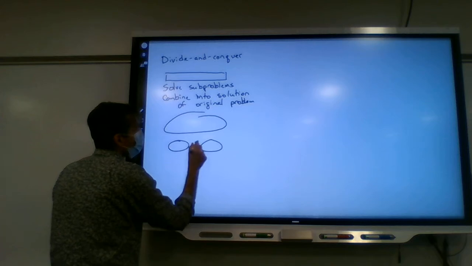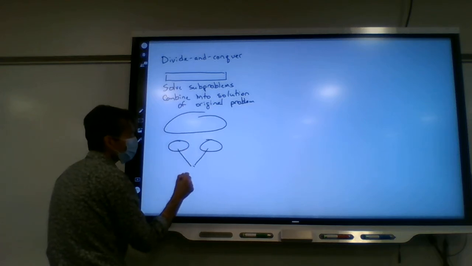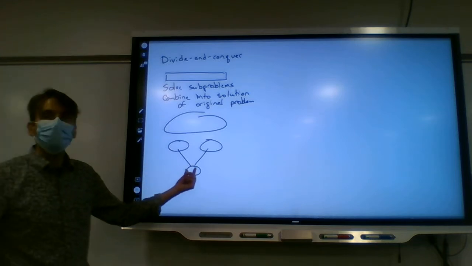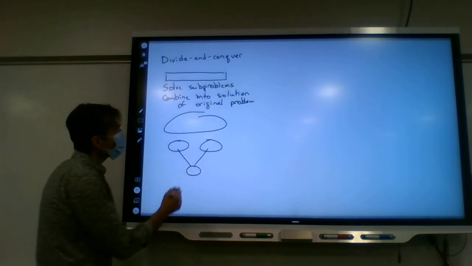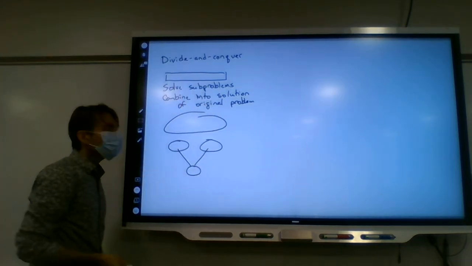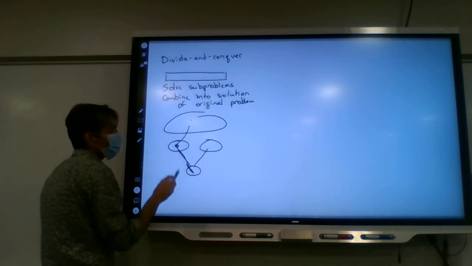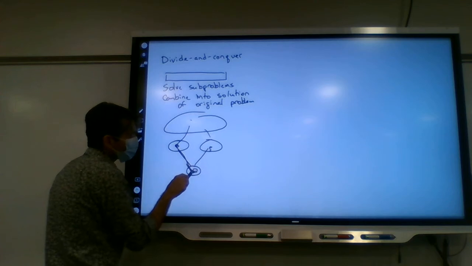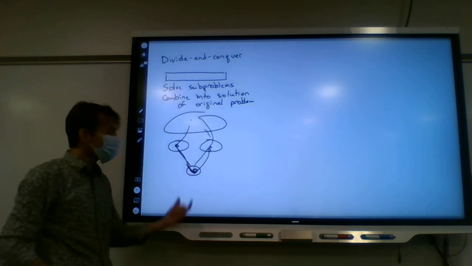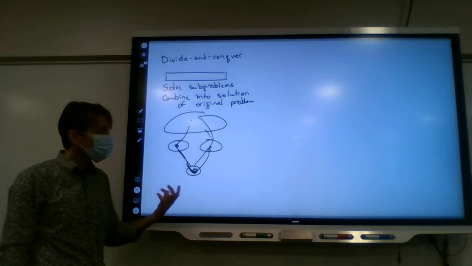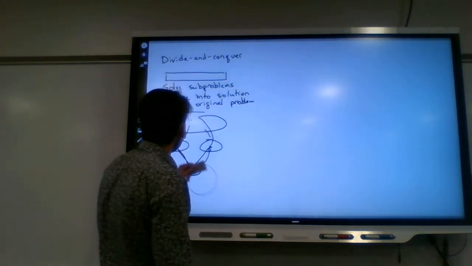You've broken this up, and these pieces share a common subproblem here. So what would we do if we were doing it in a divide and conquer approach? We would come to here, we would solve this one, then we would come here, we would solve this again, and then put it all back together. So we would have solved this subproblem twice, even though we didn't really need to solve it twice.